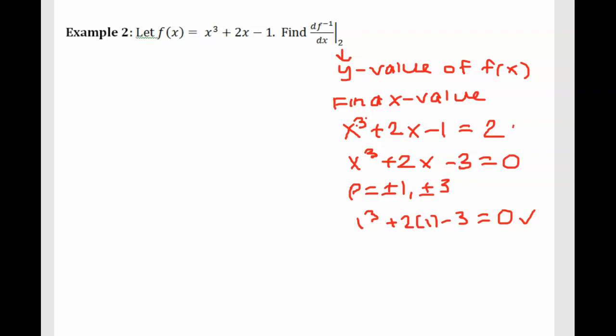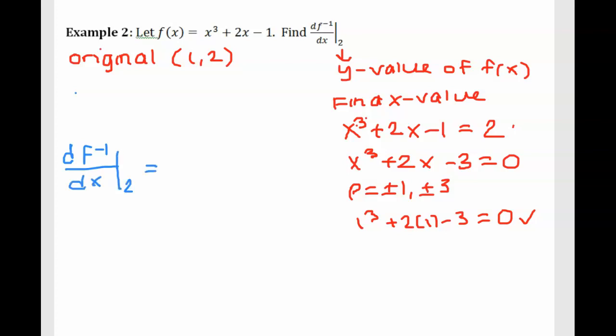So what that means is on my original, I have the point 1, 2. Which means for my derivative and my inverse, this is kind of like saying df inverse dx at 2 is equal to 1 over f prime at 1.